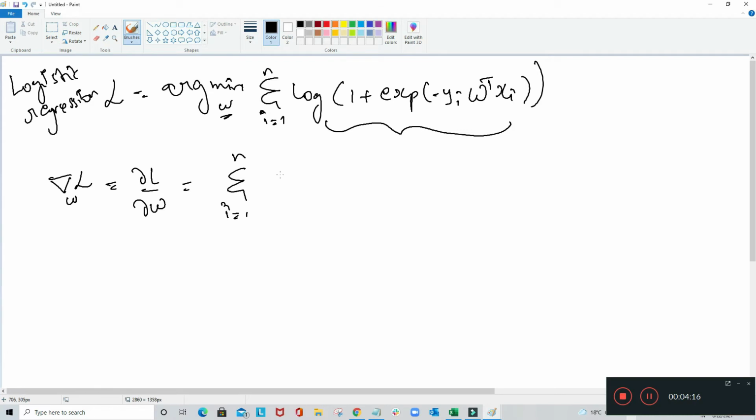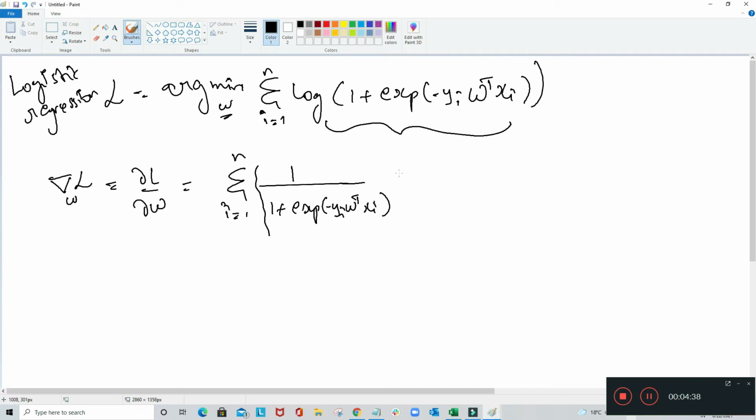The derivative of log x is 1 by x, so that is 1 by 1 plus exp of minus yi w transpose xi, and we should take the derivative of this part.